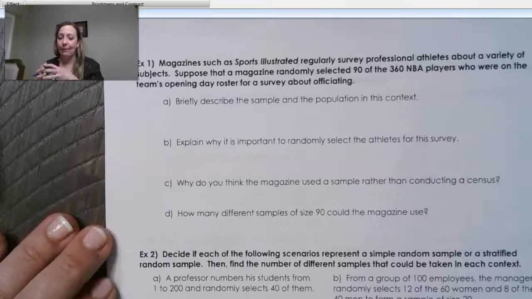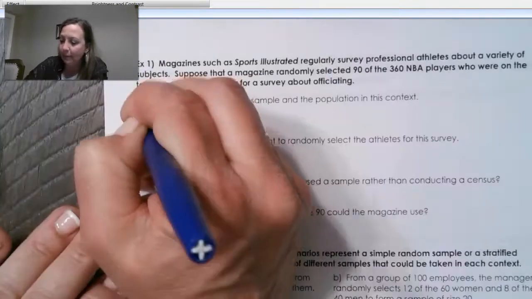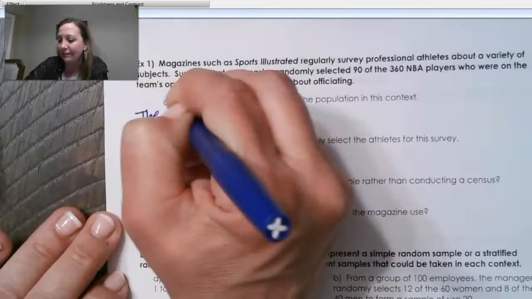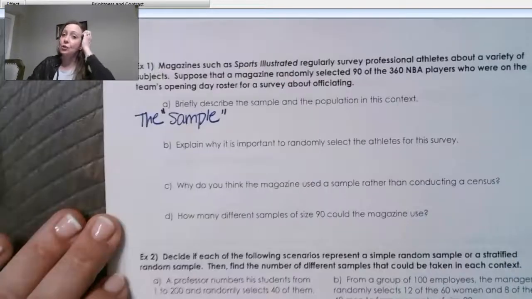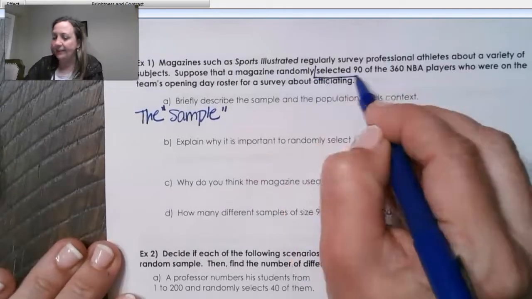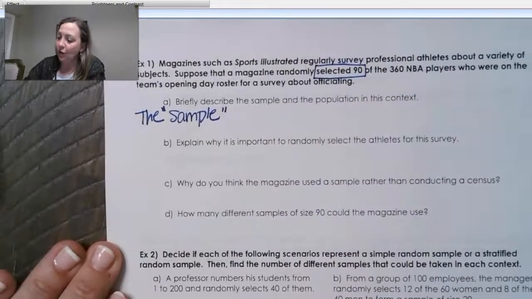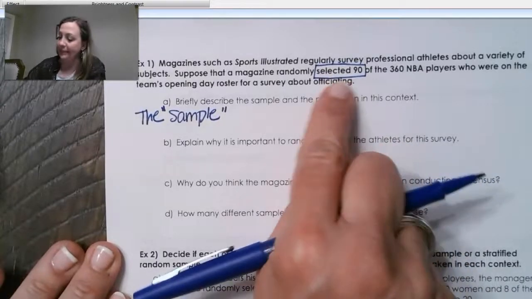Well, the sample, remember, is that special group that they're picking. And when we talk about the sample, let's just not give a number, but let's describe what it is. It's true that they're randomly selecting 90, okay? But it's important to know that these are 90 players that were randomly selected.